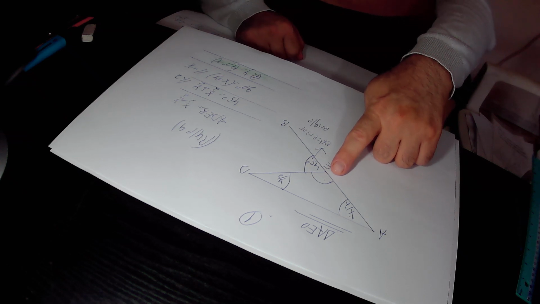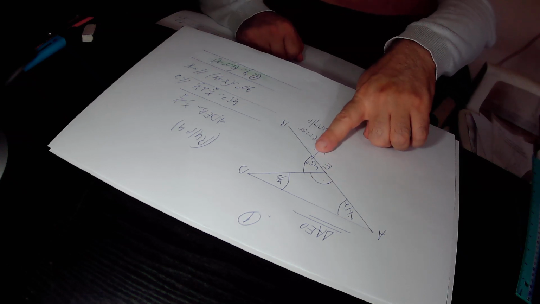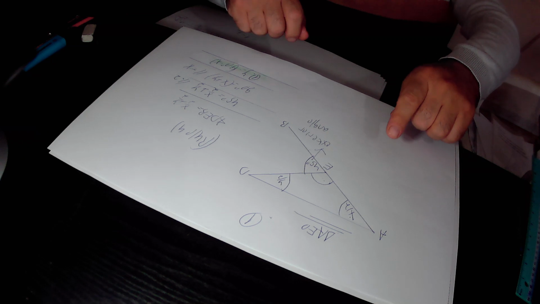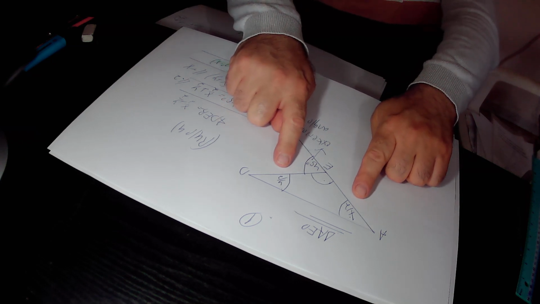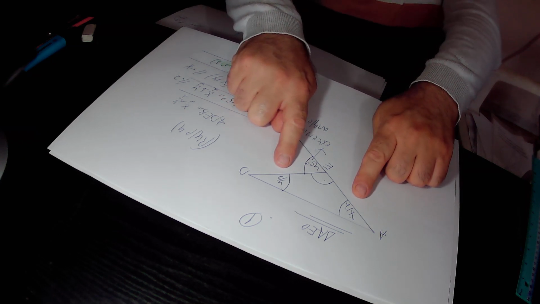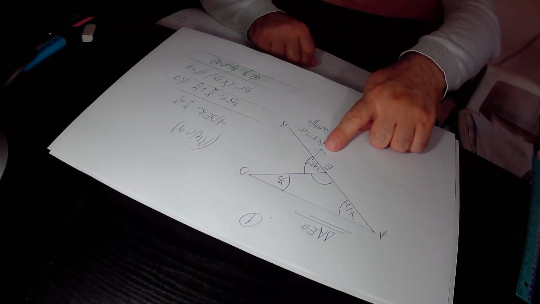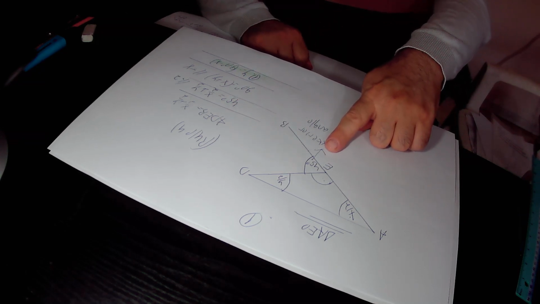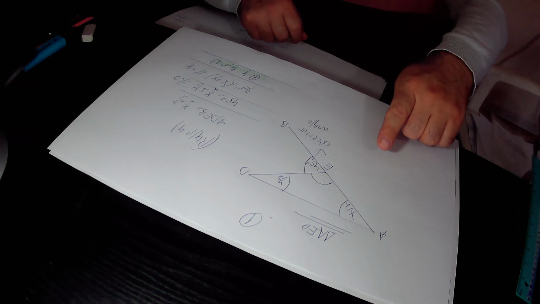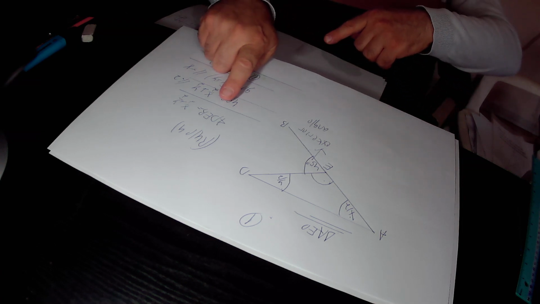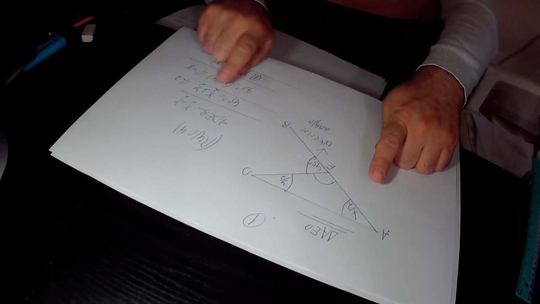The two angles not adjacent to it are x over 2 and y over 2. According to rule 4, x over 2 plus y over 2 must be equal to the size of this exterior angle DEB.